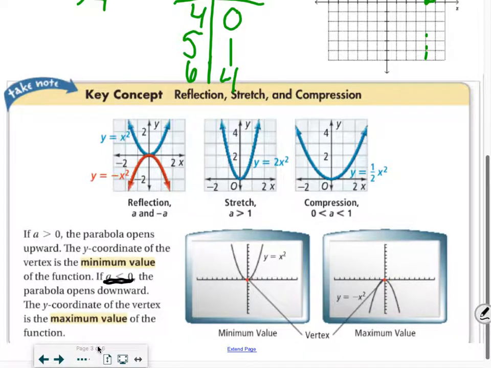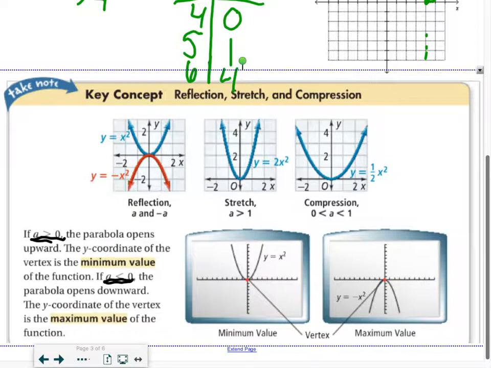If A is greater than 0, it opens up and we have a minimum. If it opens downward, our A is less than 0 and we have a max. And we'll talk about that more in about 2 seconds.